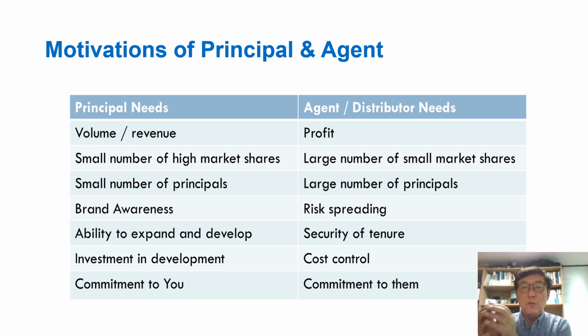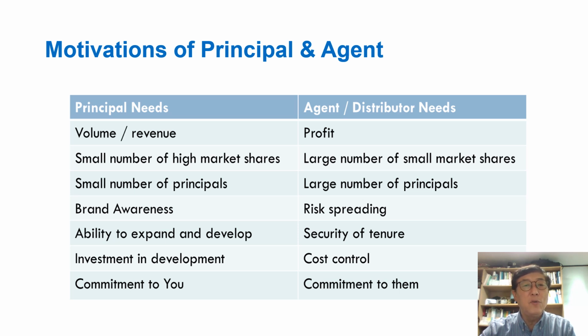Even if it's small, they want to get more income or commission from different sources. That's better for the agent. And the principal needs a small number of principals handled by the agent, but the agent wants to handle a large number of principals.